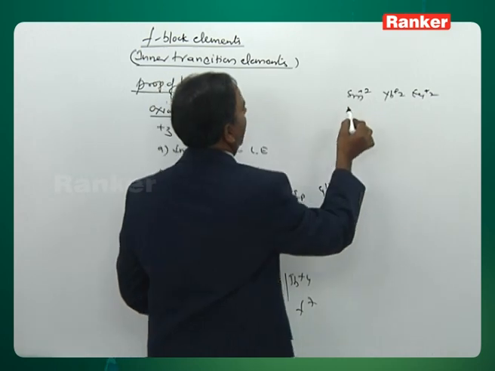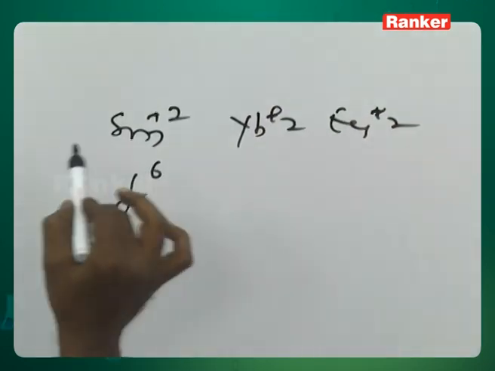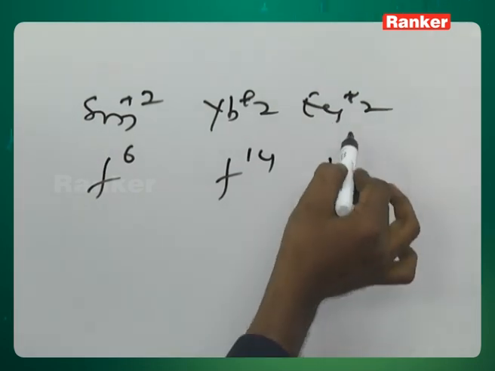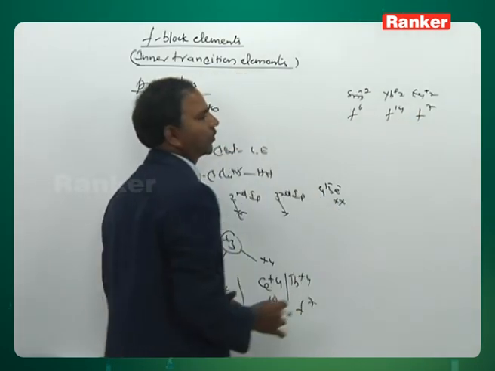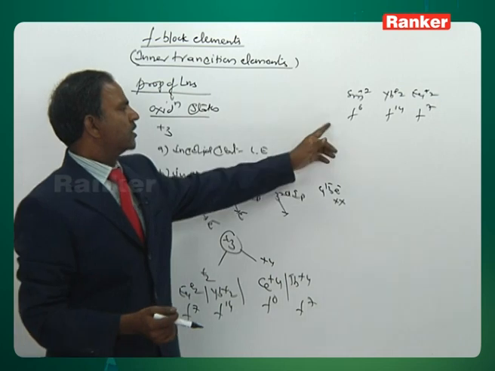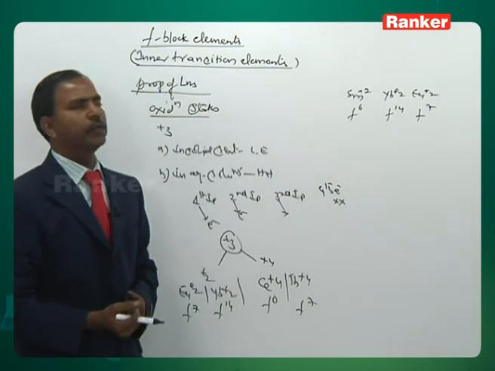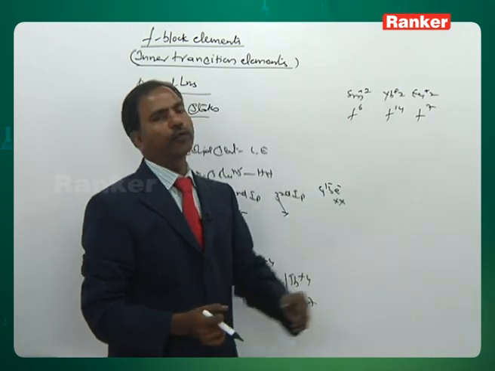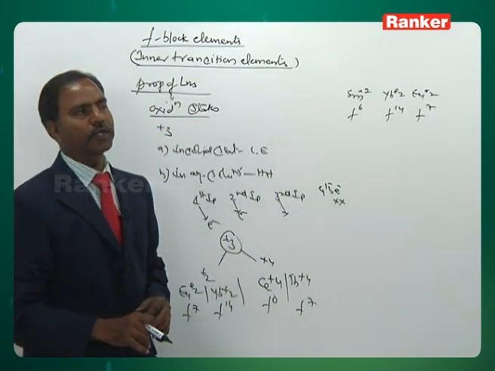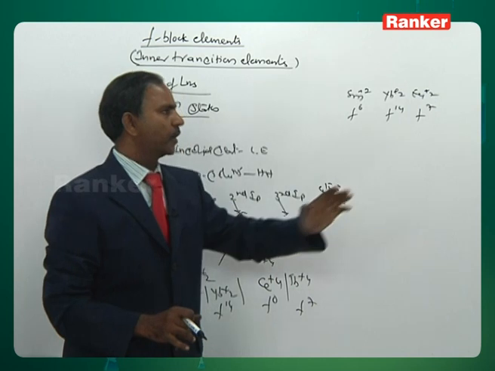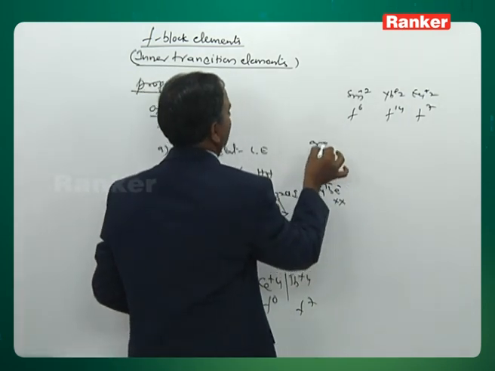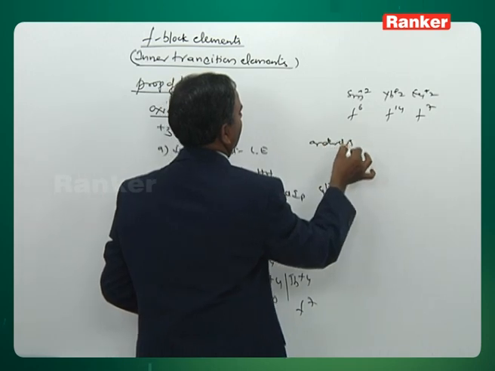The samarium +2 electronic configuration is F6, ytterbium +2 is F14, and europium +2 is F7. Now consider the order of stability of these electronic configurations.